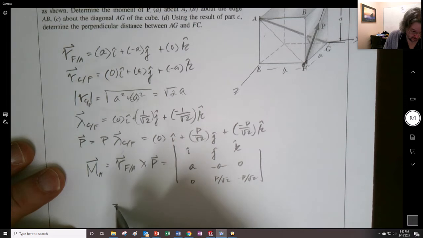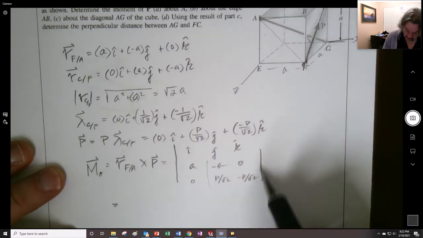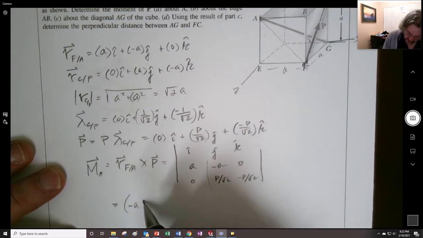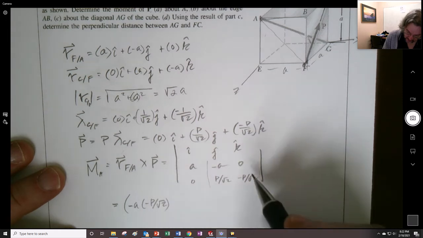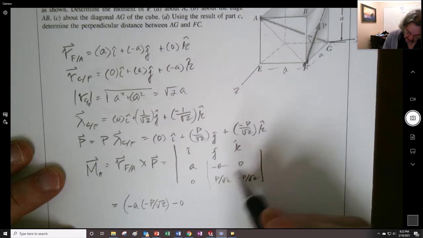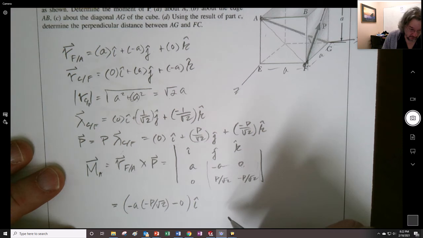And we do all of this, let's take the cross product. So we're going to cross negative A times negative P over the square root of 2 minus 0, right? So that's that times that, I. Did I do that wrong? I think I did that wrong.